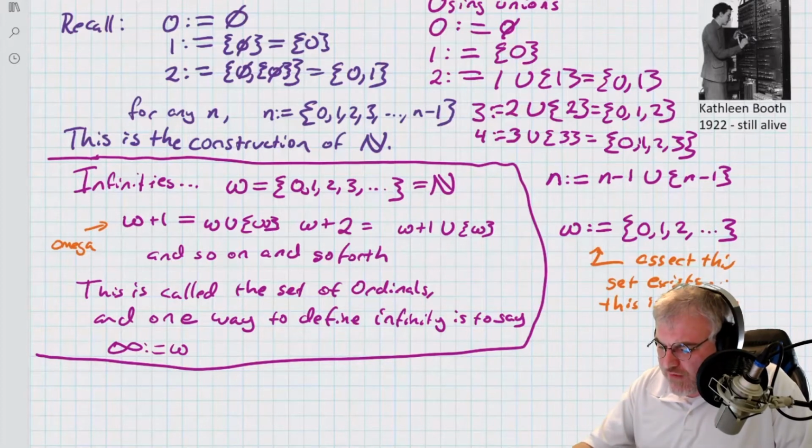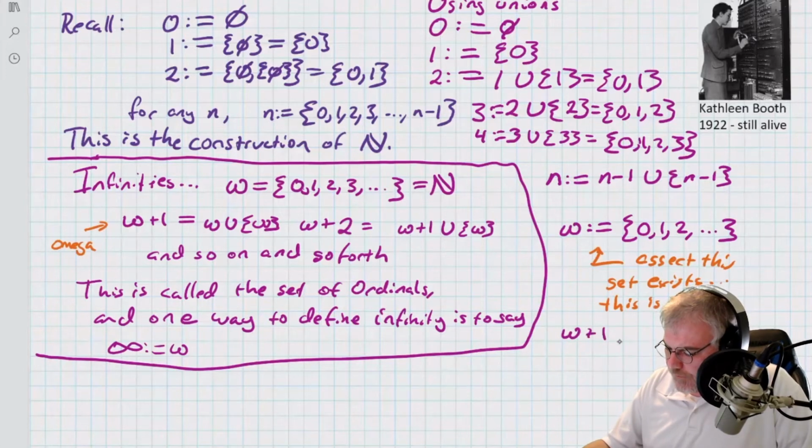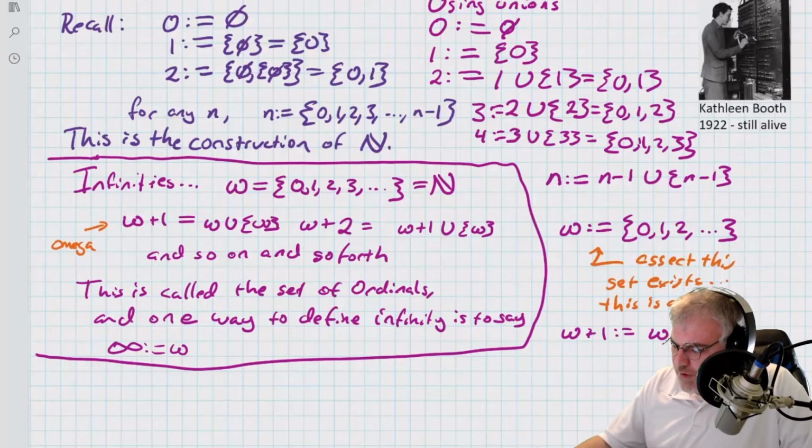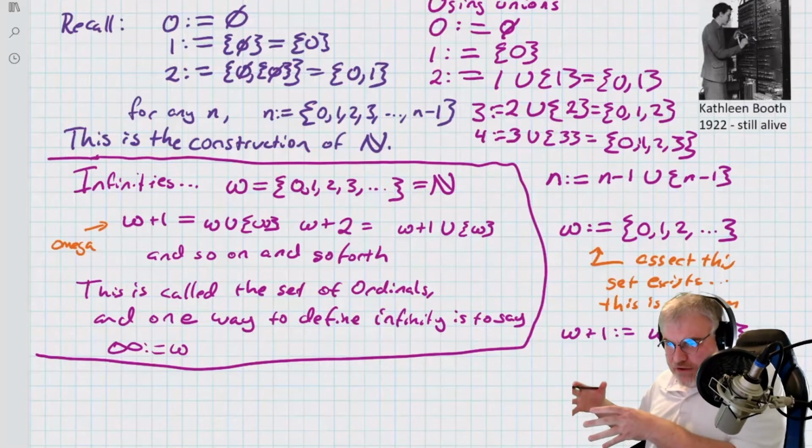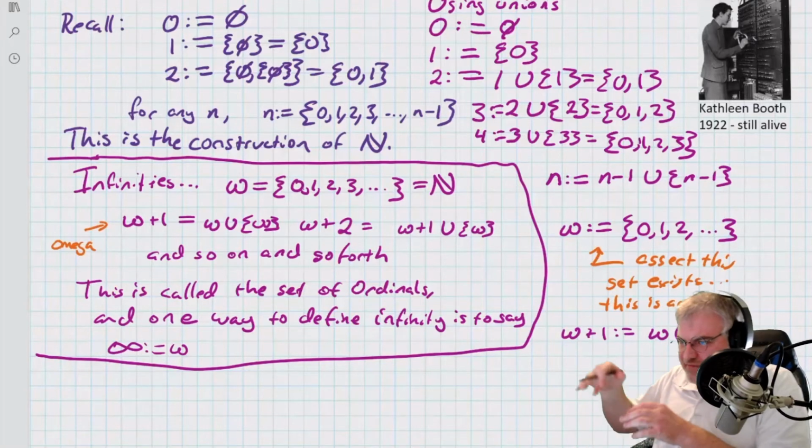And then I just define omega plus 1 as equal to omega union the set containing omega. So it's going to be 0, 1, 2, ... I continue on forever, then a comma, and then I have an omega hanging out.